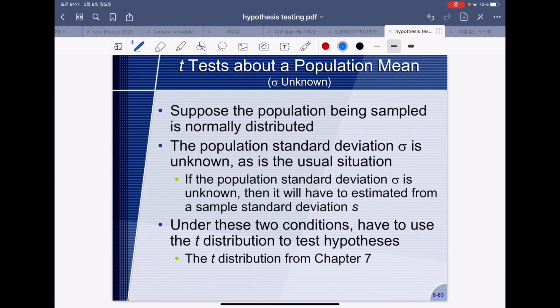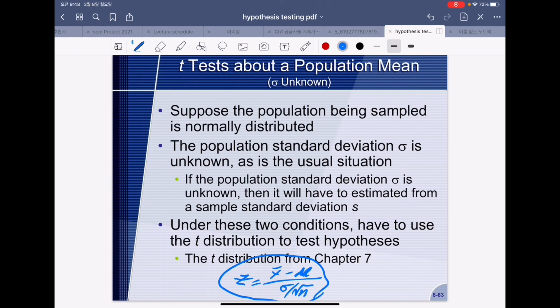Now let's talk about the t, right? Remember that the z was like that, so you use this relationship. The problem of using this is that sigma is the population parameter.